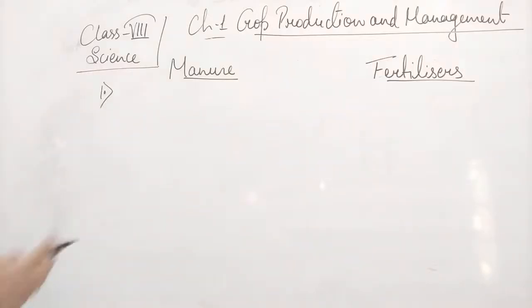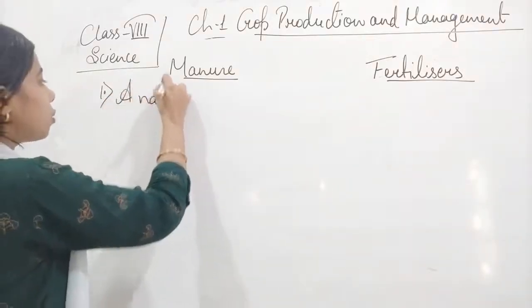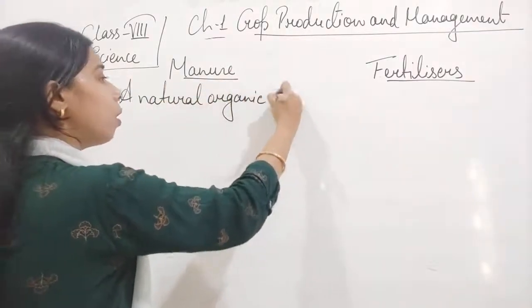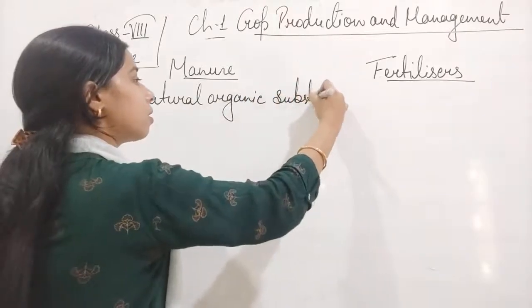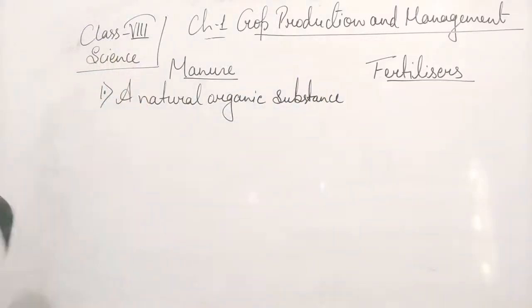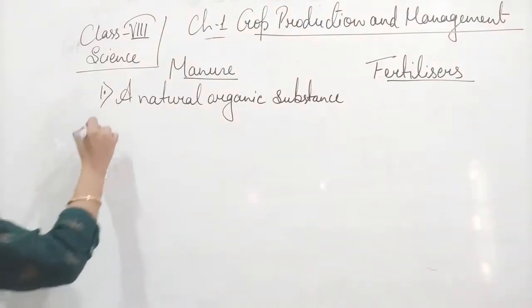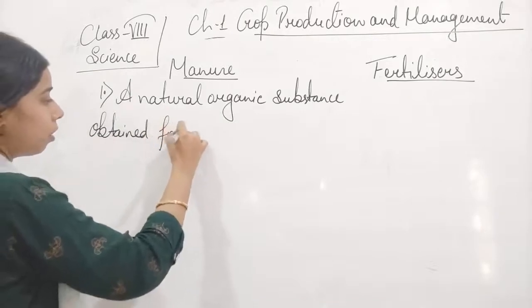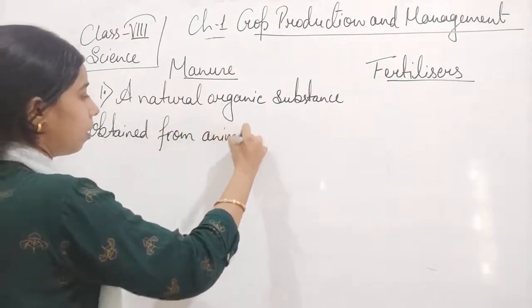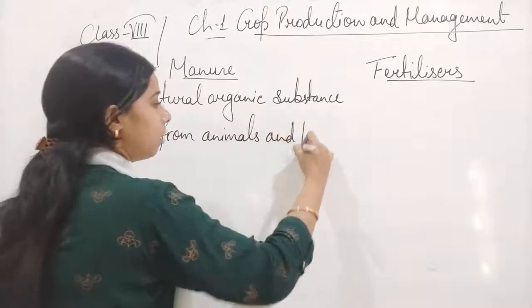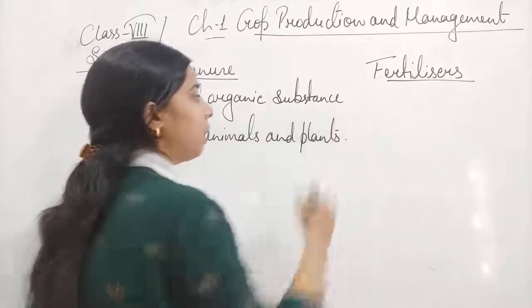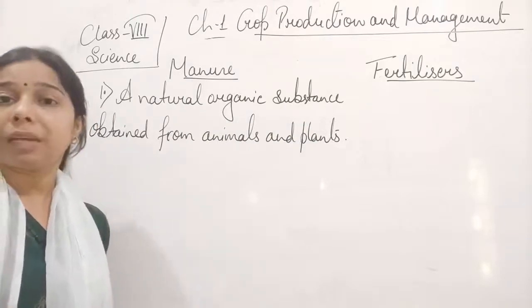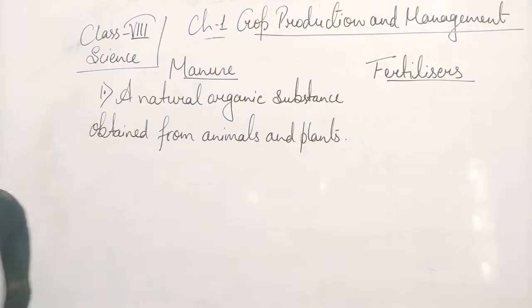So we can write that it is a natural organic substance obtained from animals and plants.